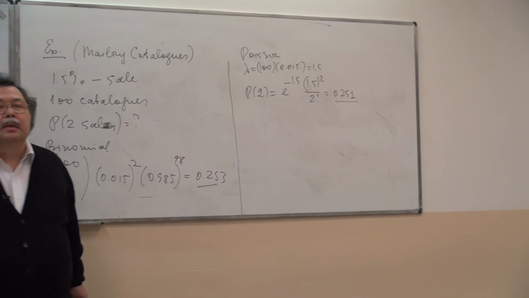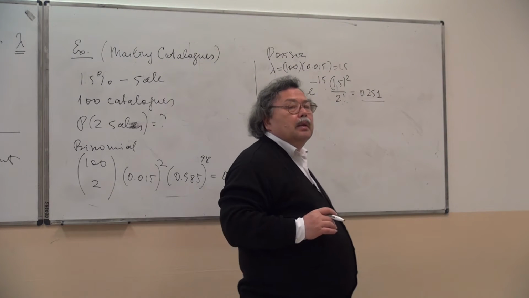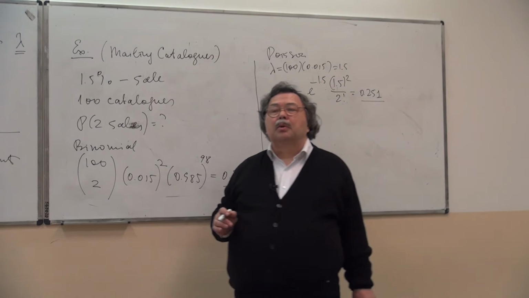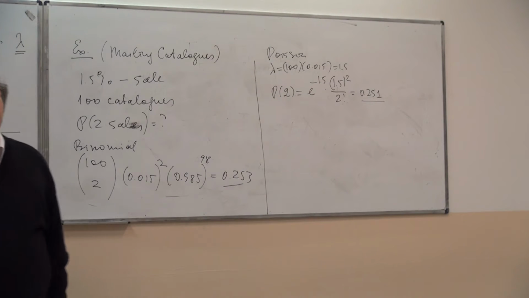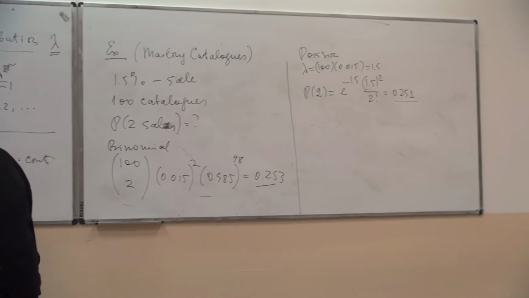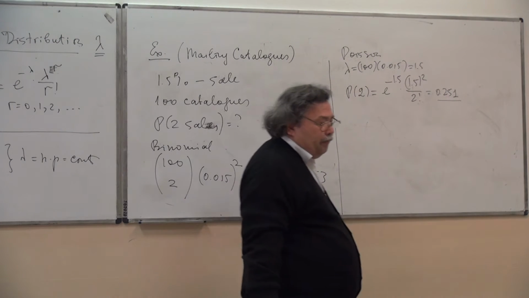So the conclusion here that we can make is this. Poisson distribution can be effectively used as an approximation to the binomial distribution if the number of trials is large and the probability of success in each trial is small.